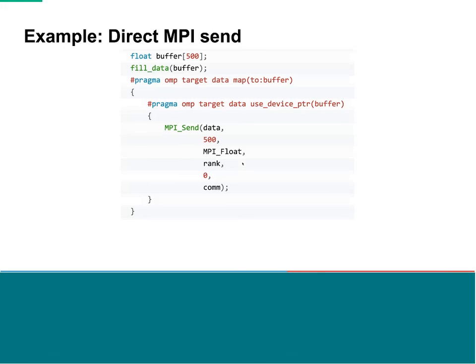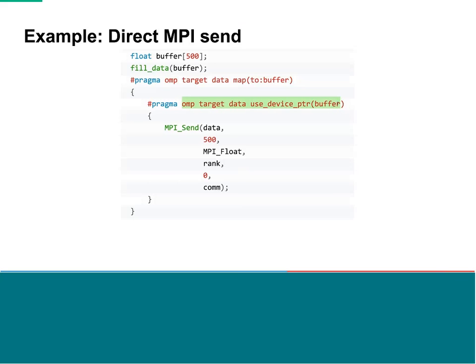Now, one of the more popular examples of doing this is, say, that you've been working on, let's say, a CUDA platform that has a CUDA-enabled MPI that can directly take a CUDA pointer and send from the device without having to copy back to the host first. Now, you've been using OpenMP to actually write your code, so you've mapped your buffer, and now you want to send it from there rather than having to copy back to the host first.